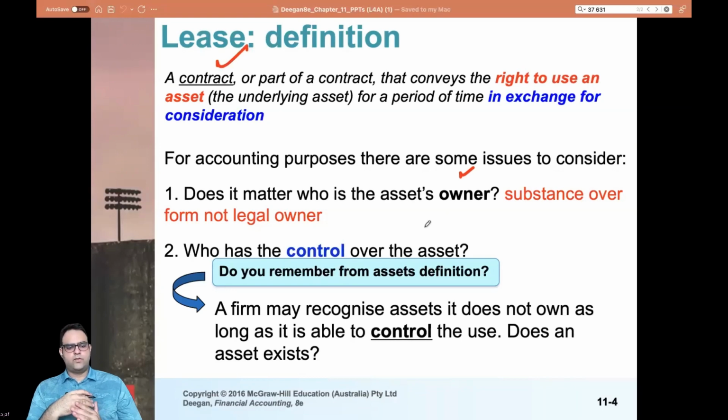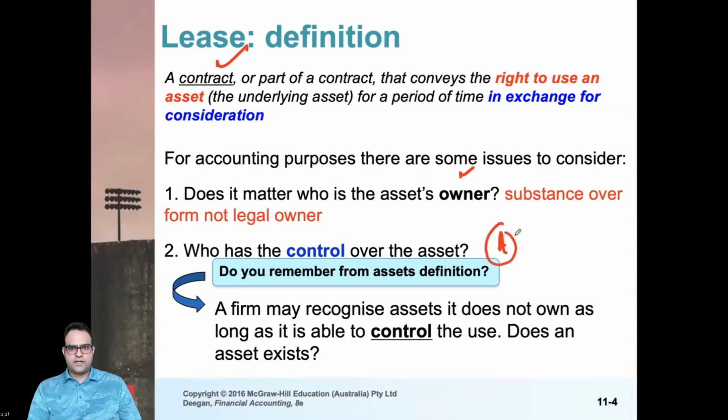So what the lessee does when he receives the asset is start making the payments. Payments can be monthly, quarterly, or annually, depending on the contract these two parties have. For example, there is a contract between party A and party B. Party A says, I will provide you the asset, and you will have full control of the asset.